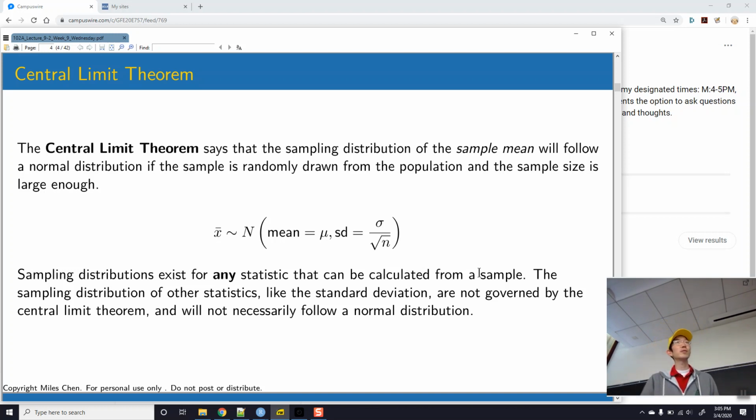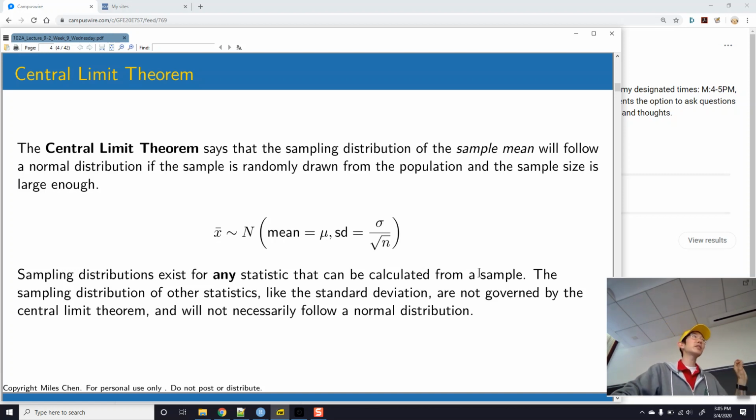The idea is that if somebody else drew a random sample from the population, they would fit a linear regression line, and their line might look slightly different, and they would have a different B1. Everybody can draw different samples and get slightly different B1 values, and the distribution of those different slope coefficients is the sampling distribution of the slope.